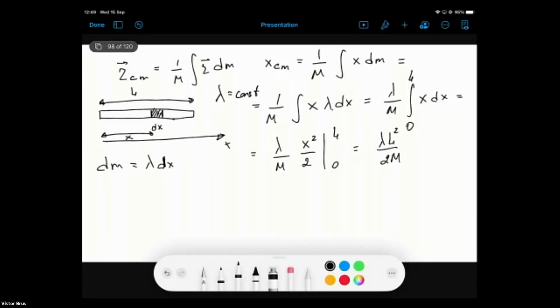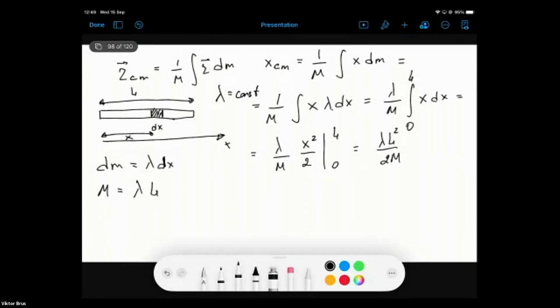Okay, now we need to also express M, this capital M, the total mass. The total mass of the rod will be lambda times L, the total length of the rod.